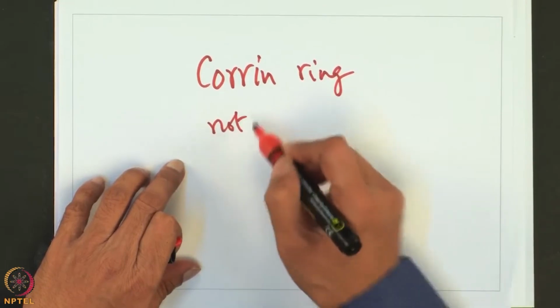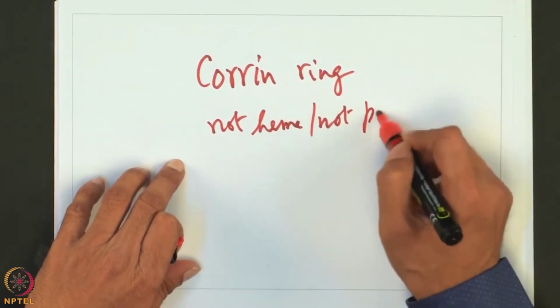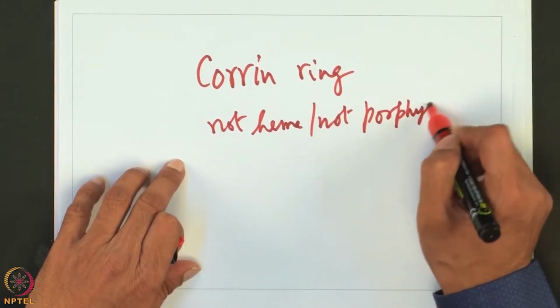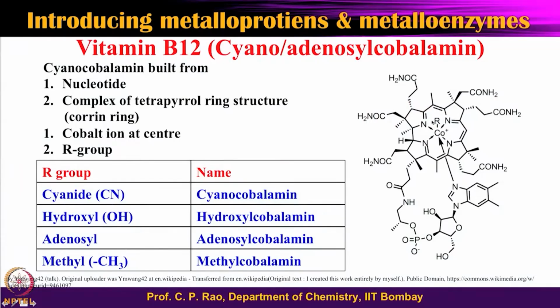Not heme, not porphyrin. It is somewhat like a reduced porphyrin, you can say. That is bound through the 4 nitrogens over here, and then one more group is possible. What is this?